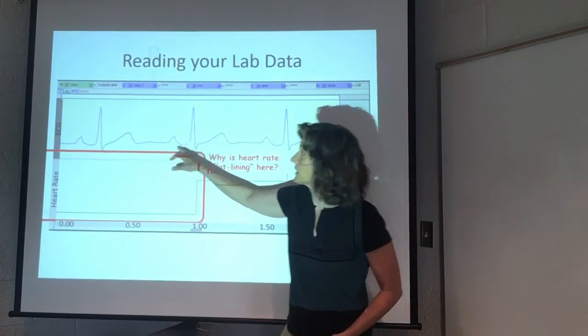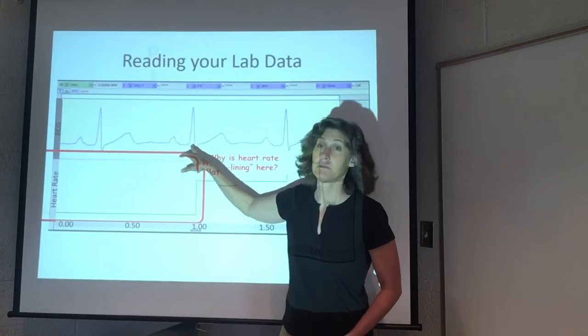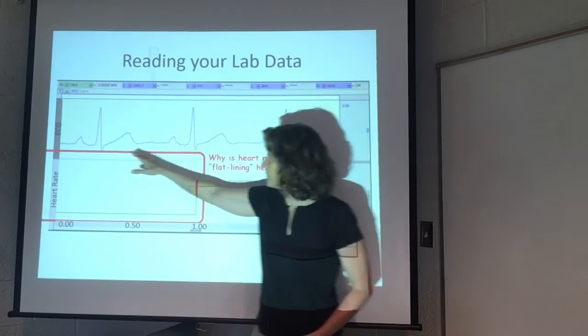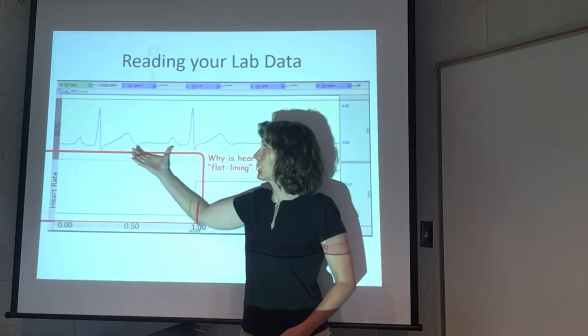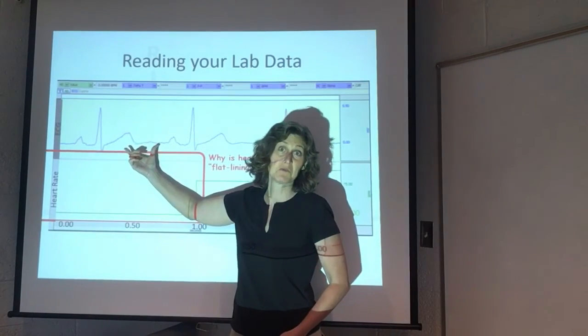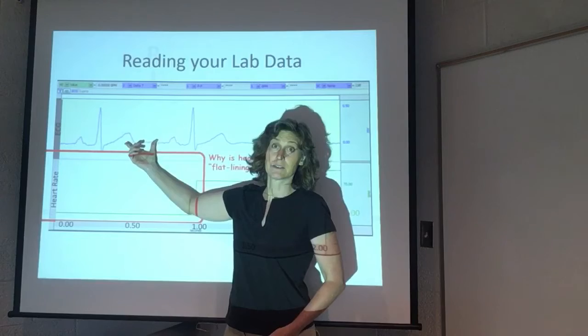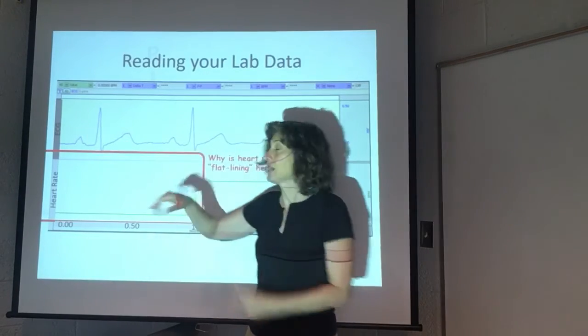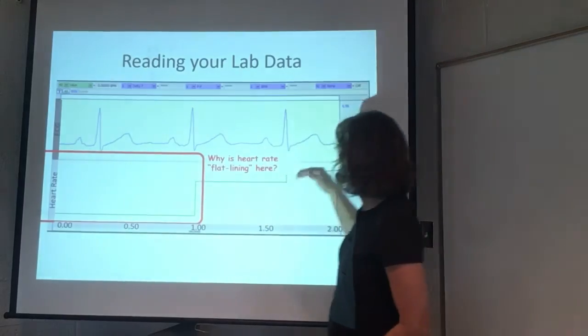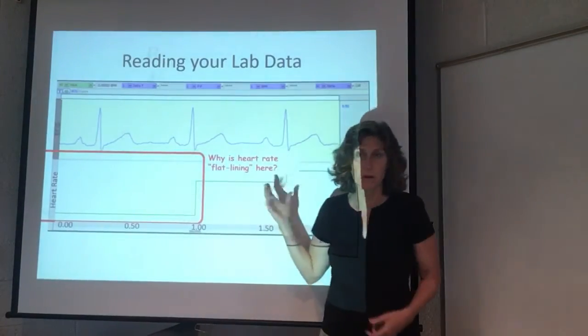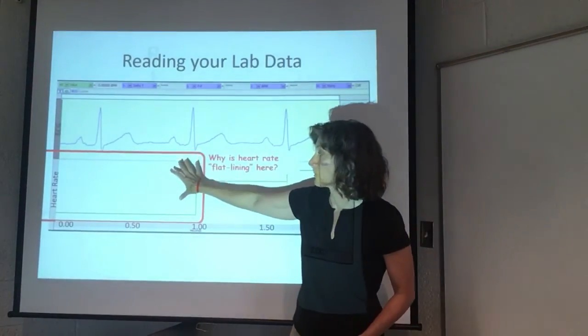The only way you're going to get a rate is you need a minimum of 2 beats. And from there, the system will calculate, well, if this was maybe 0.8 of a second, I can flip that on its head and say how many beats per minute that would be, and then it would give you a number, whatever it is, 80 or whatever. So this is super important to recognize.